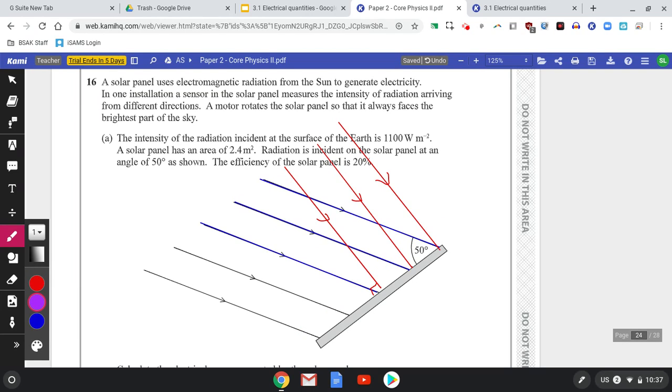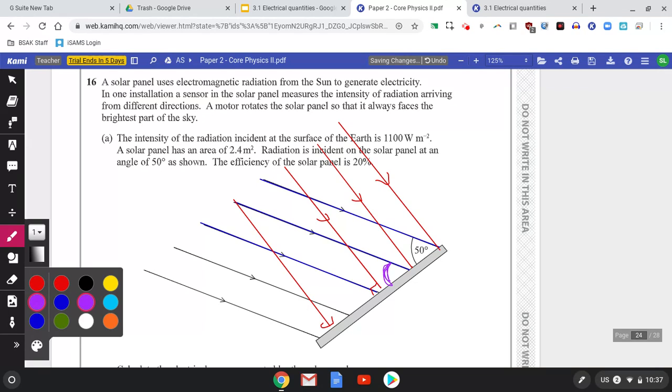So we're resolving, finding a component of the blue rays. If this angle here is 50 degrees, this angle here is going to be 40 degrees.